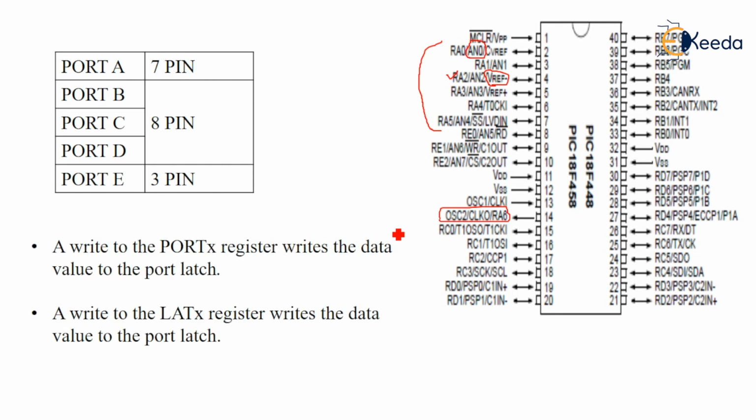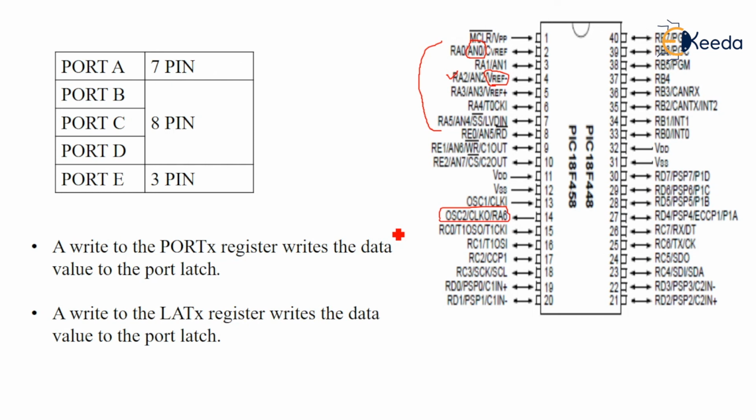What is the difference between the latch and port? A write to the port register writes the data value to the port latch. So anything written into the port is latched into the port latch. If you want to write into the latch register, write that value into that port latch.